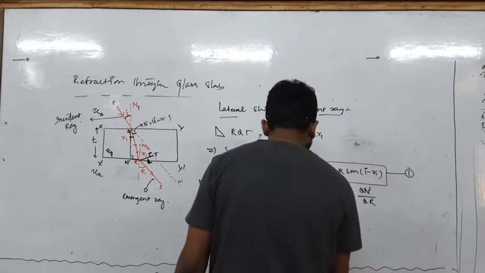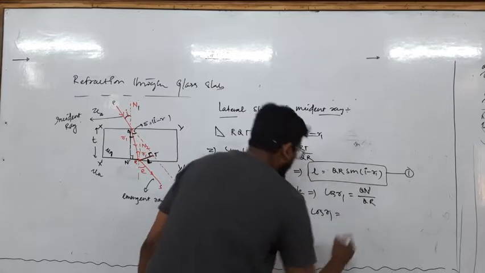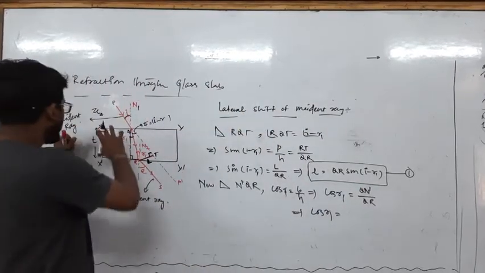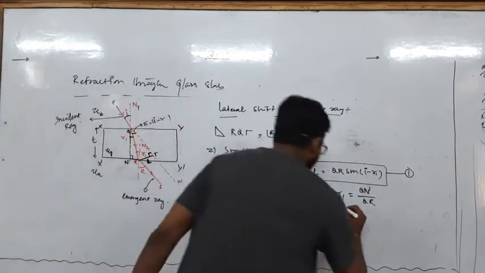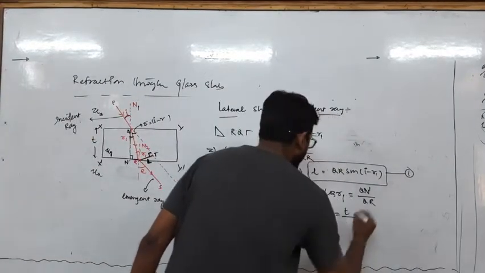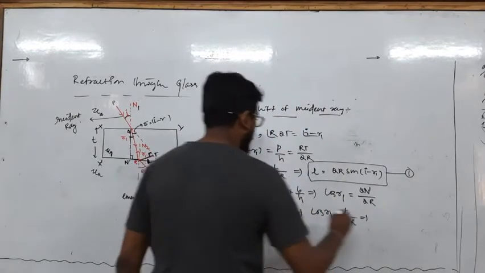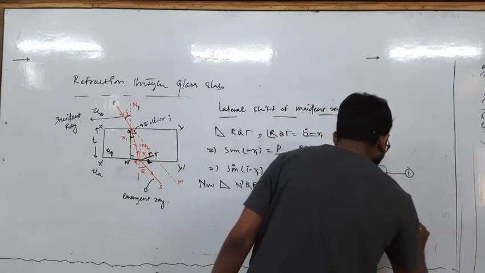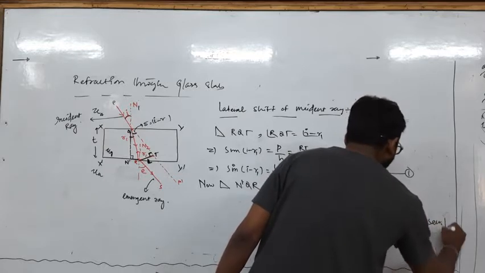So cos R1 equals QN' divided by QR, and QN' is the thickness of the glass slab, which is already given as T. So from this we get QR equal to T by cos R1, or this can be written as T sec R1.